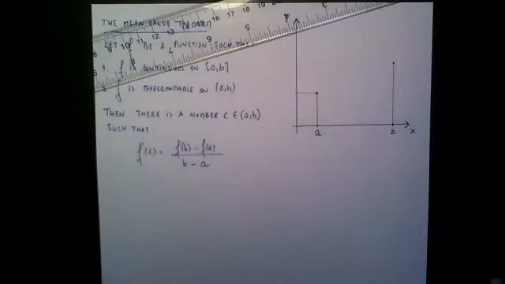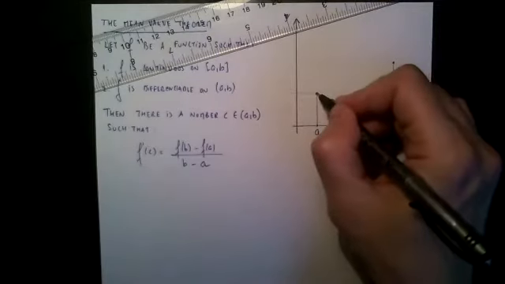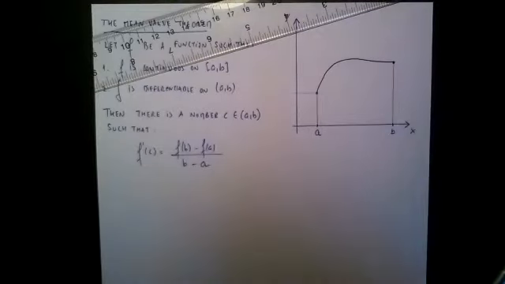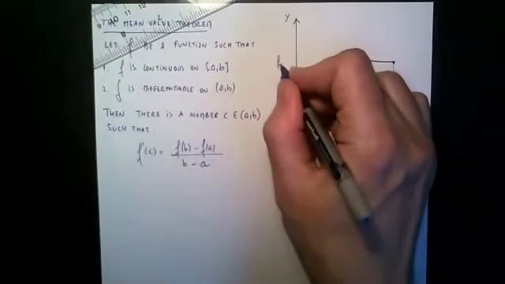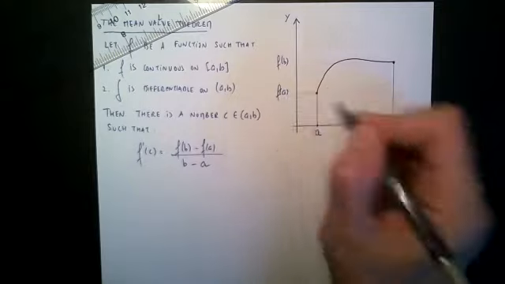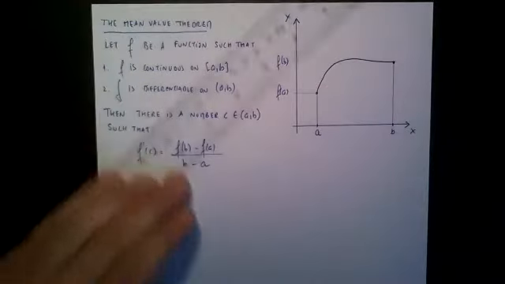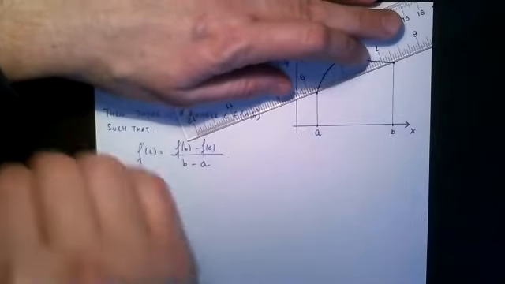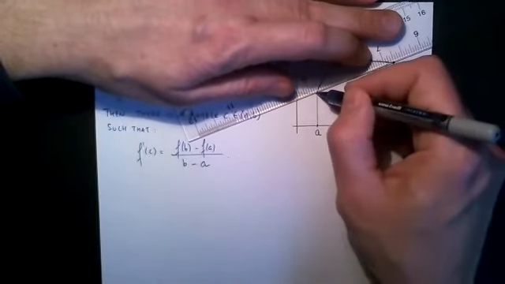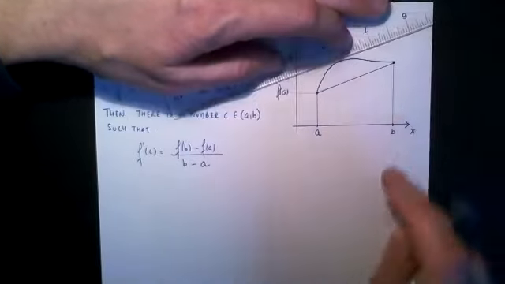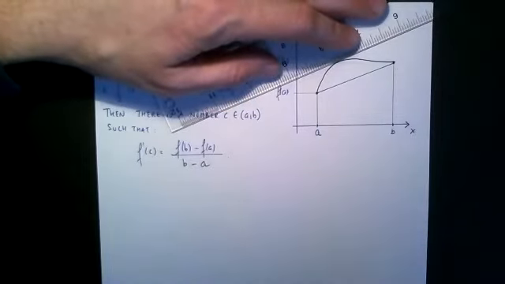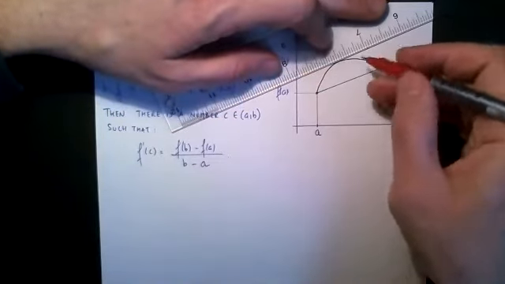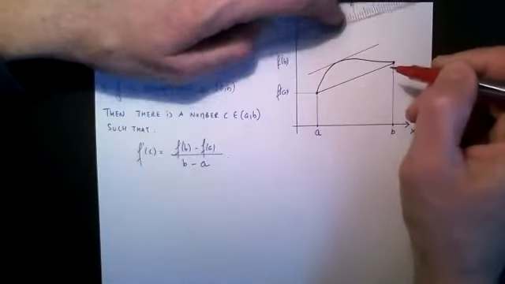Okay, so what does it say? Let's have a function like this. Of course, this is f of b. And this is f of a. So what this says is that if you take the slope here, there is definitely a point, a value c, where the slope of the tangent is exactly the same.